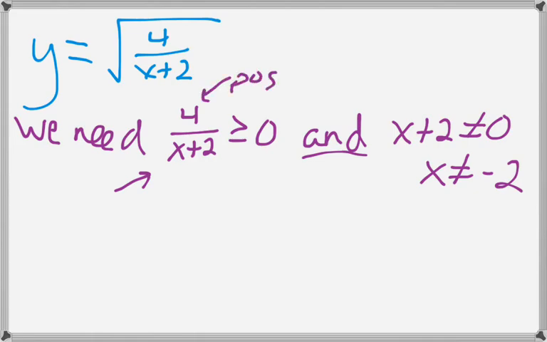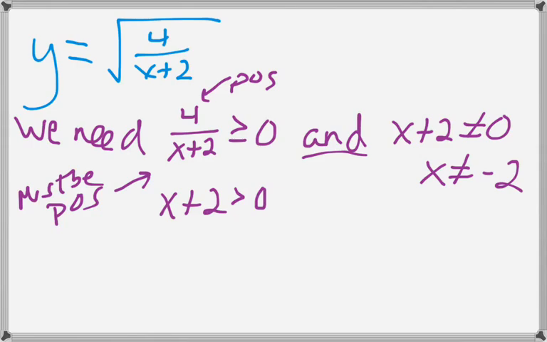So in order for this fraction to be positive, that would mean that the denominator also has to be positive. Because if the numerator was positive and the denominator was negative, then we would get a negative number, and we don't want that. So this means that the denominator must be positive as well. Positive meaning greater than 0, because again, we don't want the denominator to be equal to 0.